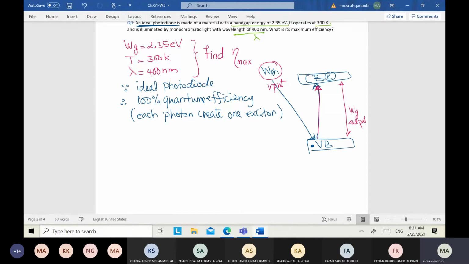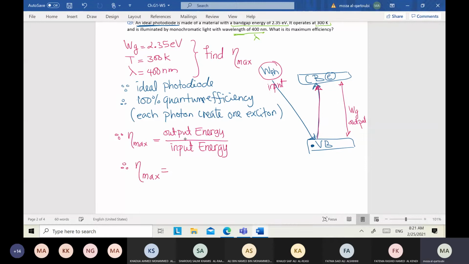So here you can find the maximum efficiency equal to Wg with respect to W of photon, because maximum efficiency equals output energy over input energy. Therefore, depending on our question, the output energy is Wg and the input energy is W of photon.